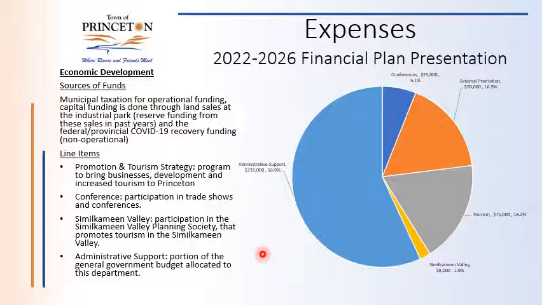Line items: the promotion and tourism strategy of Princeton is in general to use promotional items to encourage businesses and tourism to come to Princeton, set up jobs, and be tourists in our municipality accordingly.